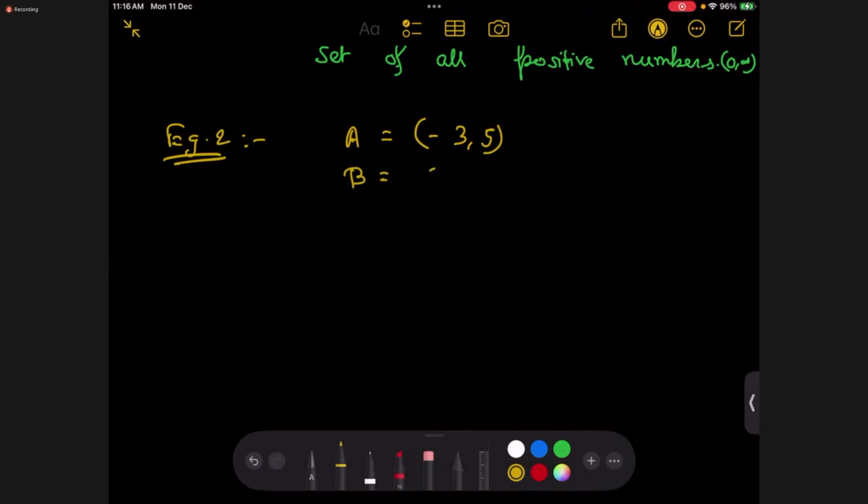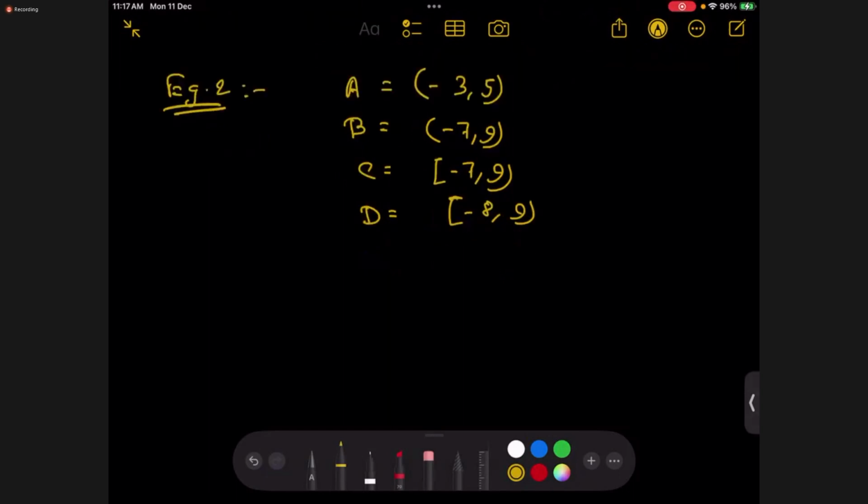B equals ... and one other set with minus 9.